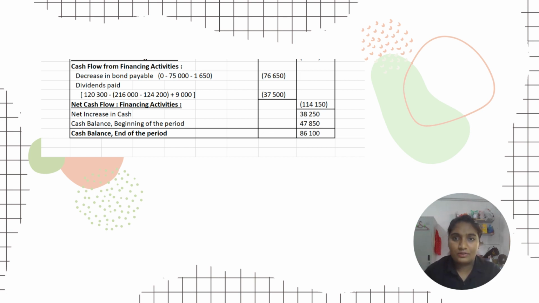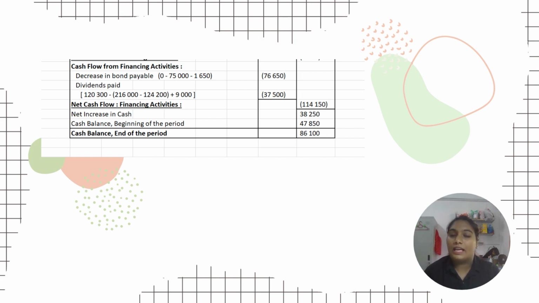So there is 0 minus 75,000 and minus with 1,650, which is from the statement of profit or loss on the loss of retirement of bonds. So when we calculate, we will get 76,650 in bracket.